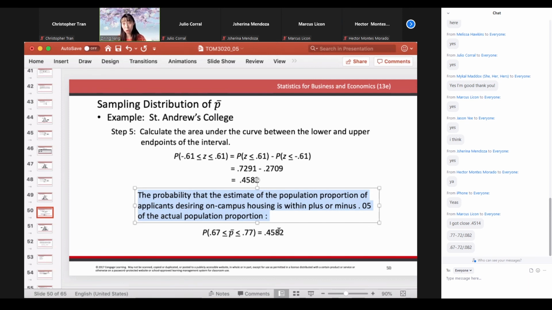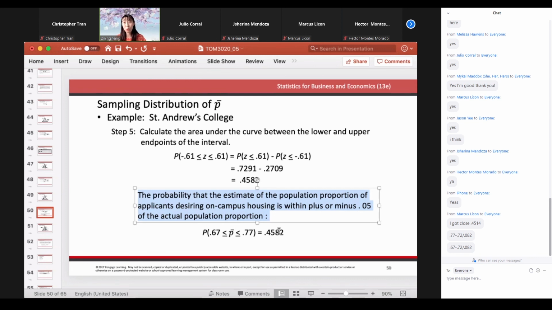So in other words, there's a 45% chance that the sample proportion of 30 students will be close enough to the true population proportion. So again, it's not a very good estimation. It's not even 50%. It's 45% of the chance.